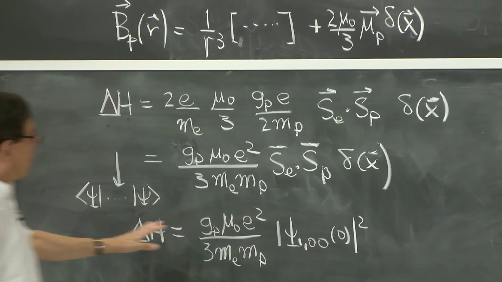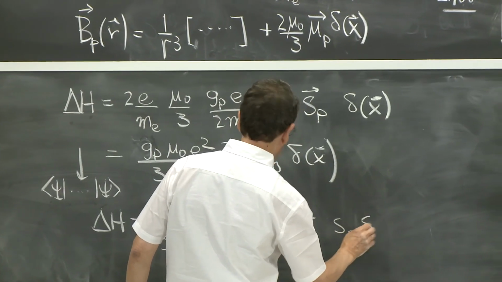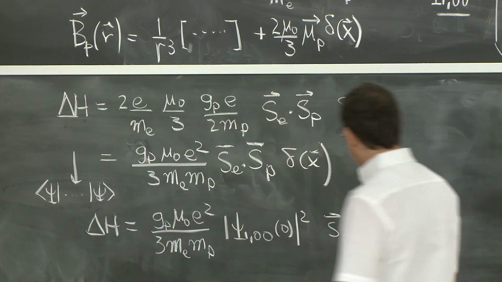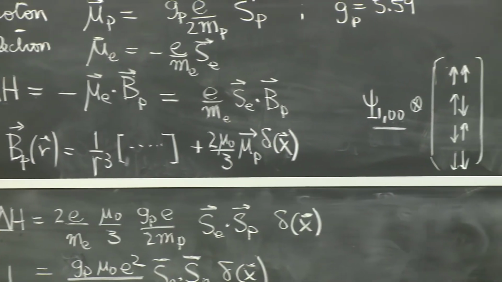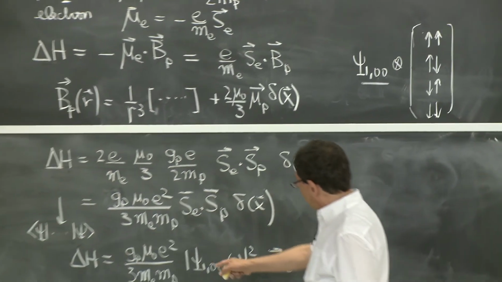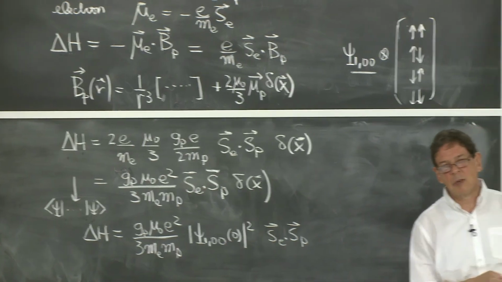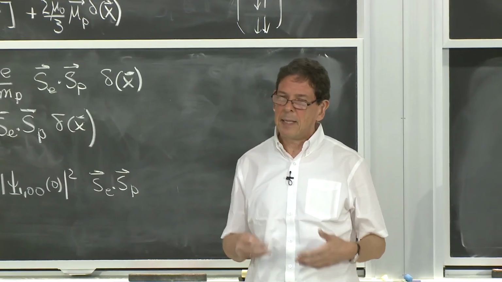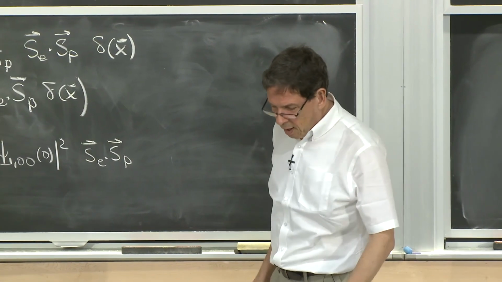And this is still an operator. We have SE dot SP. So this is just a spin operator. We've taken care of this part. We can simplify it a little more. If you recall the wave function for the ground state of hydrogen, its normalization involves the square root of pi times the square root of the Bohr radius cubed.